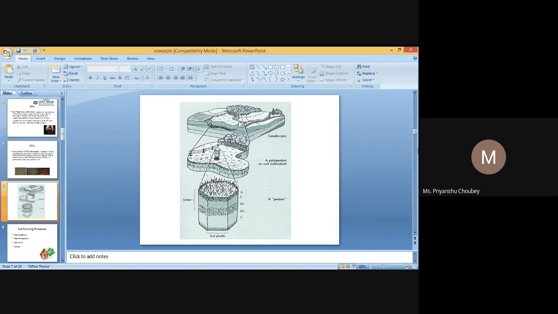Genesis of structure refers to the causes and the method of formation of aggregates.